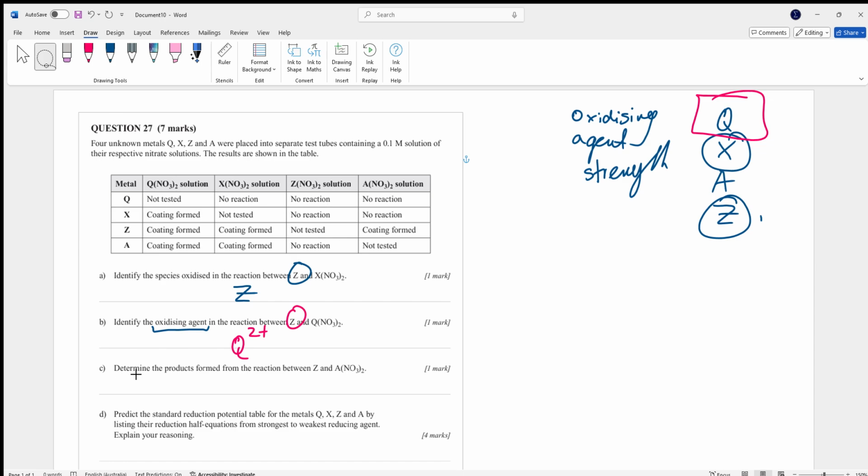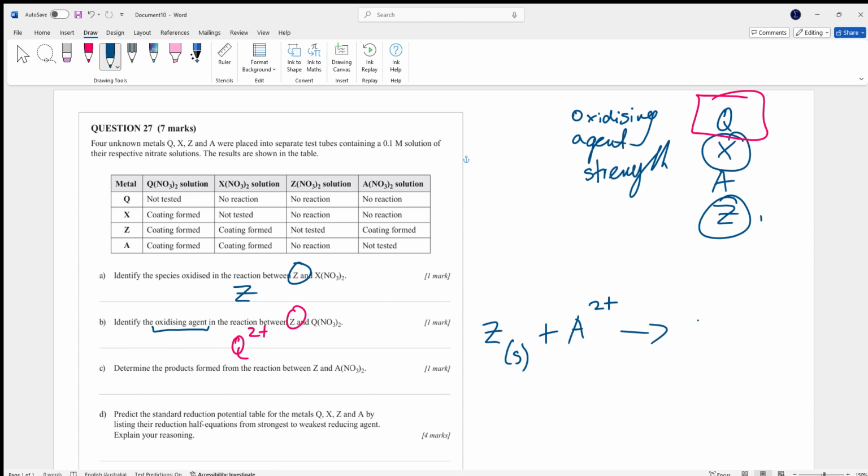C. Determine the products formed between the reaction Z and A. Well, let's think of it like this. You have Z solid reacting with A(NO3)2. Now again, this is just a spectator ion. Realistically, you've got this going on, and it's going to react with that.